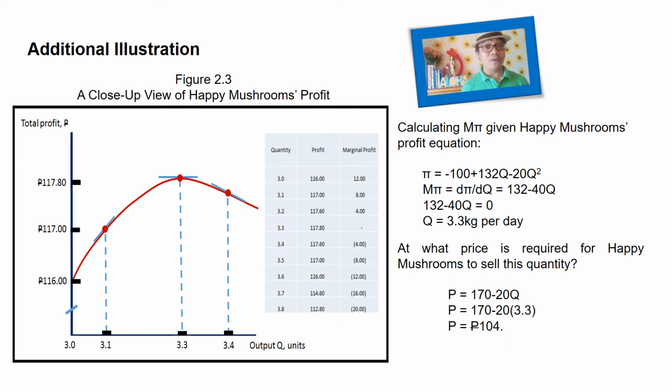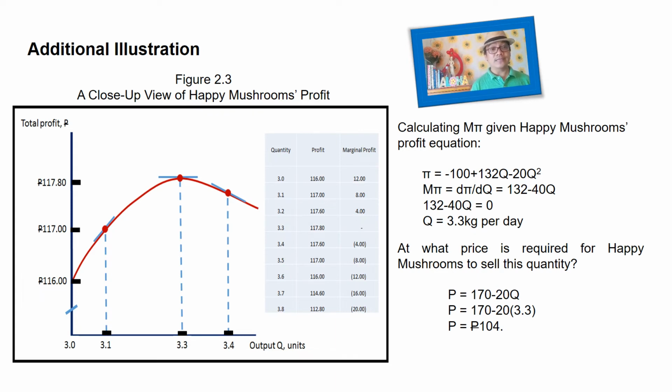Calculating marginal profit at any level of output by the simple rules of differential calculus given Happy Mushrooms' profit equation. That is, the profit function is equal to negative 100 plus 132Q minus 20Q squared. Taking the first derivative of this profit function, we have the marginal profit, d pi over dq, equal to 132 minus 40Q.